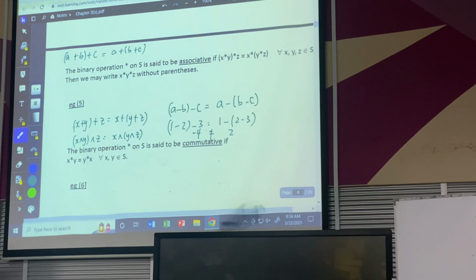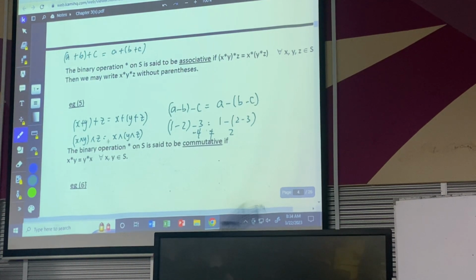So when you do either 1 and 0 first or 0 and 1 first, you will get the same answer also.